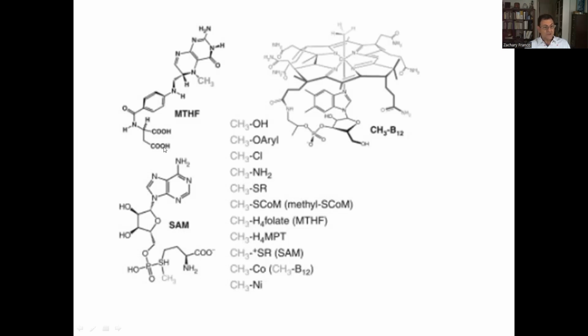And when you attach adenosine to the sulfur, it makes the bond from the sulfur to the methyl group unstable, and this carbon can now fall off very easily. So this methionine, or the SAM, is also a donor. And then I said choline, and then B12 also is involved, but B12 is a little more complicated.